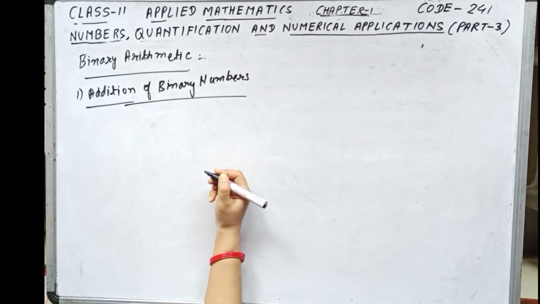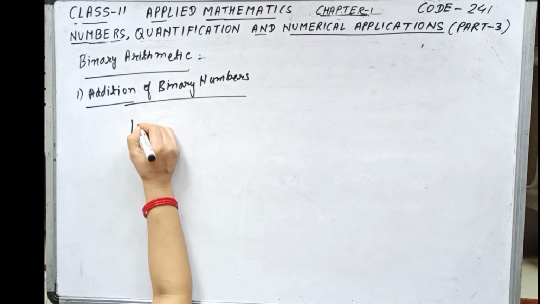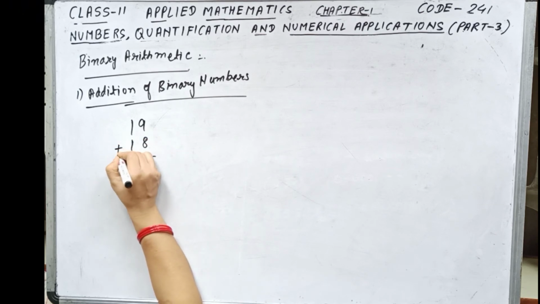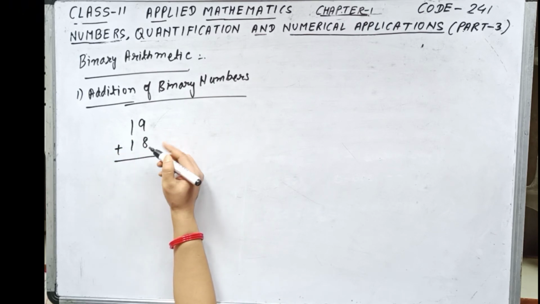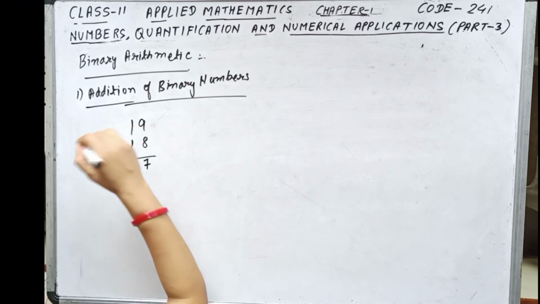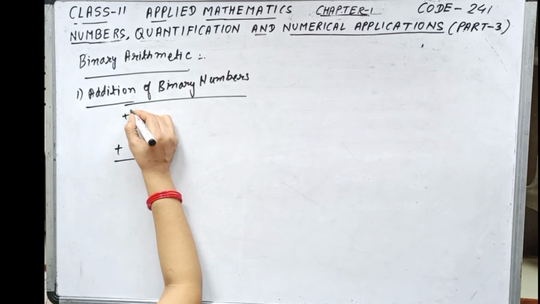Now in the decimal system, when we were adding numbers, suppose I have to add 19 plus 18. Now 9 and 8 is 17. We used to write this 7 over here and 1 is carried over here in the next column.